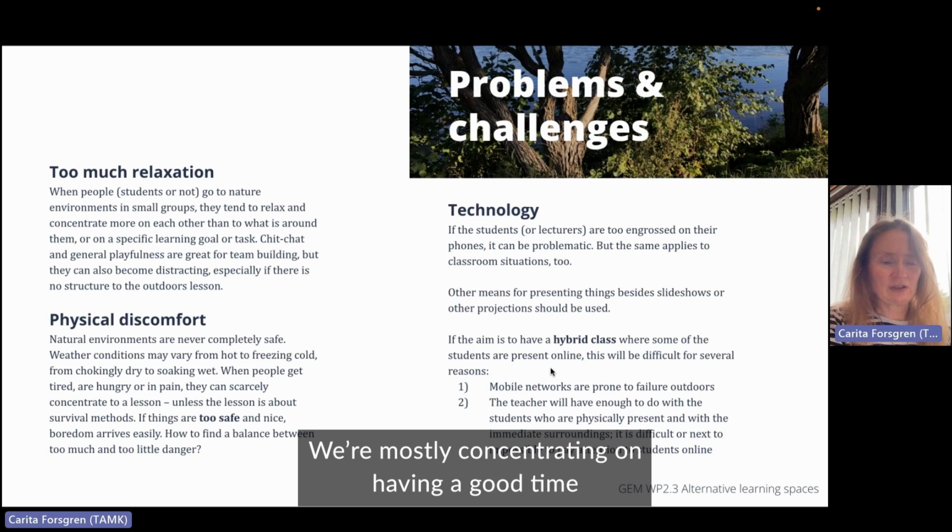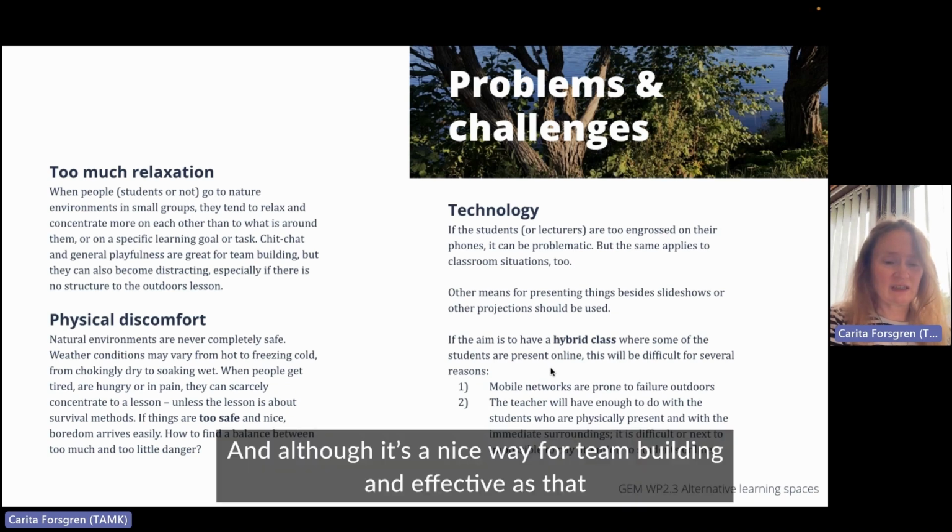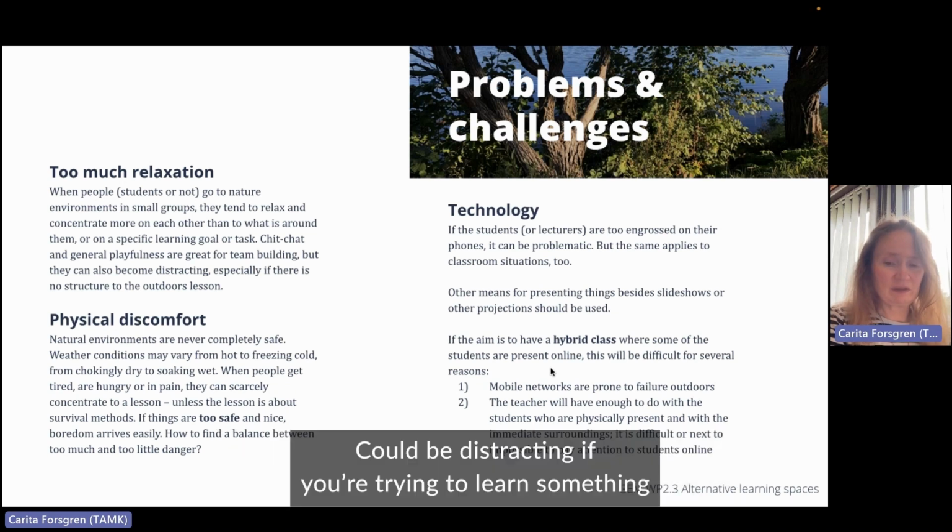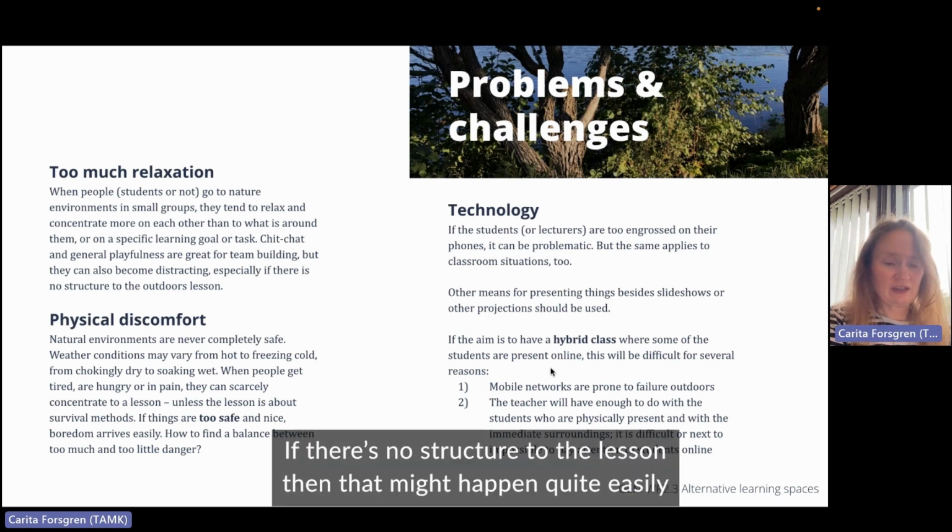We are mostly concentrating on having a good time, and that, although it's a nice way for team building and effective as that, could be distracting if you're trying to learn something. And if there's no structure for the lesson, then that might happen quite easily.